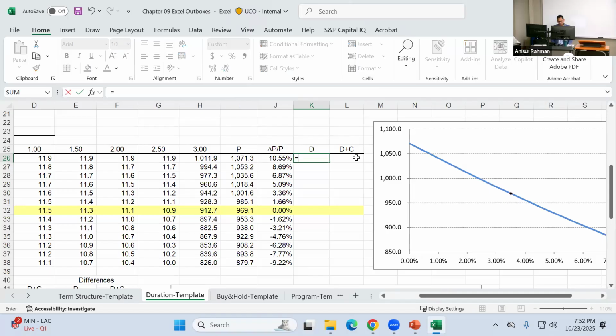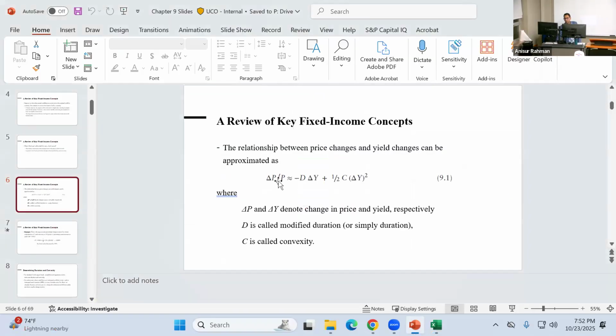So equal to open parenthesis. Now, the formula for duration is this, right? The formula for percentage change is this, right? And this is the duration component only, and this is a percentage change.